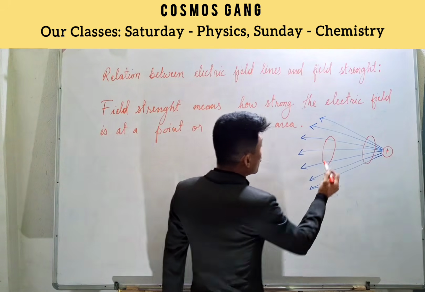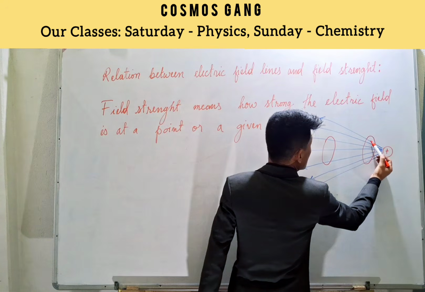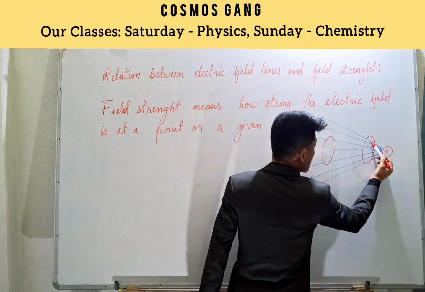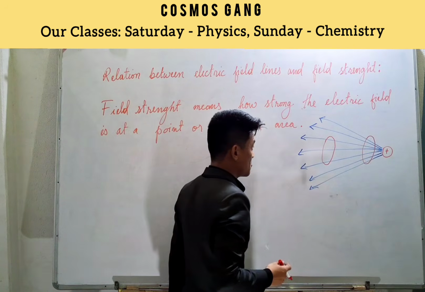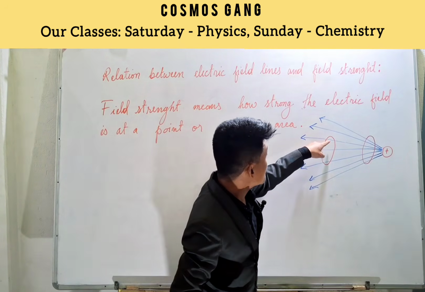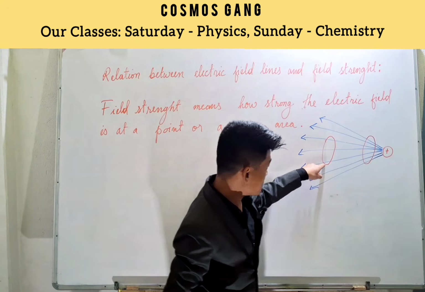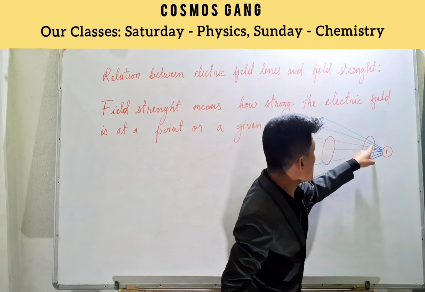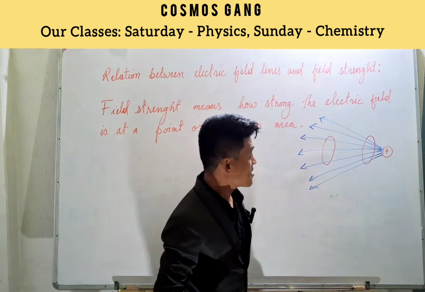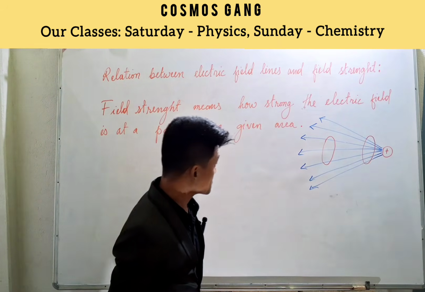I find that only 3 field lines are passing through this, whereas 7 field lines are passing through this area here. In this region, the field lines are placed far apart from one another, whereas in this area, the field lines are closely packed, which means placed very near to one another.